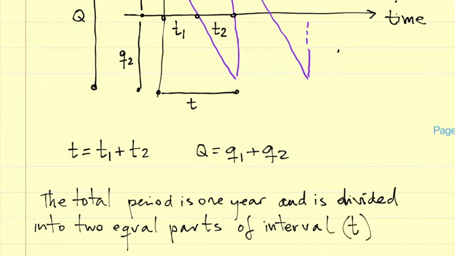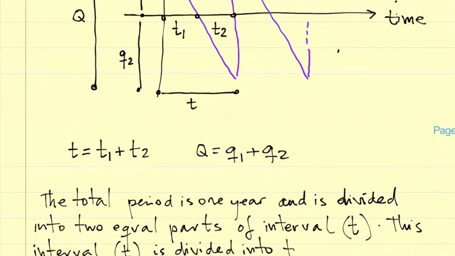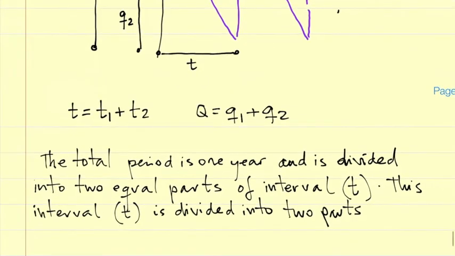Okay, this interval t is divided into 2 parts, T1 and T2, so that T equals T1 plus T2.